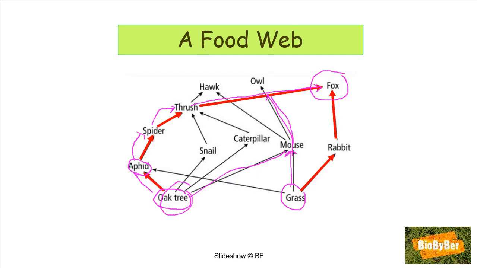Another interconnecting food chain would be the oak tree is eaten by the mouse, who is eaten by the hawk, and the oak tree is eaten by the snail, who is eaten by the thrush, who's eaten by the hawk. So this food web has quite a lot going for it, and you would be well advised to learn it and practice it and have it under your belt for the exam when needs be.